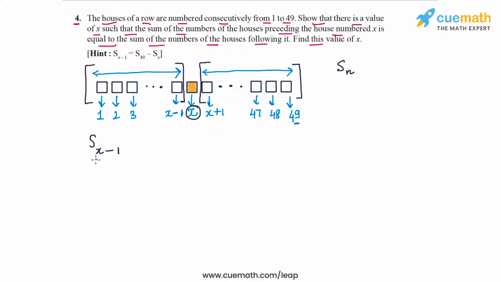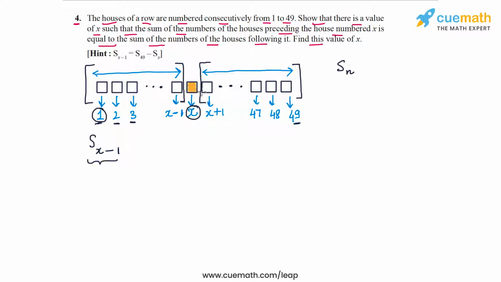So S(x minus 1) represents the sum of the house numbers from 1 to x minus 1. By the way, I'm using S because the house numbers form an arithmetic progression. So we have the house numbers as 1, 2, 3 going up to 49. So this is an arithmetic progression of 49 terms with the first term as 1 and the common difference as 1. So S(x minus 1) represents the sum up to house number x minus 1.